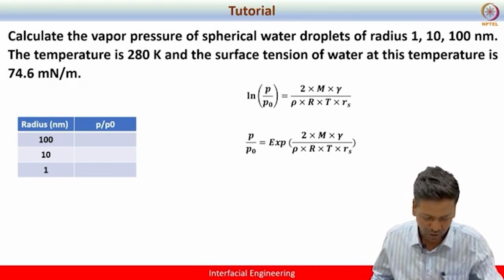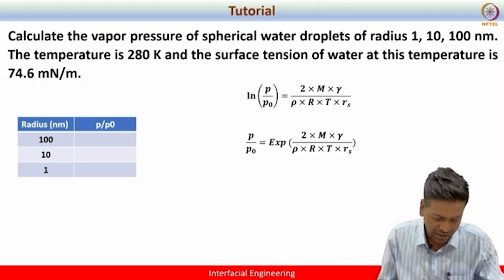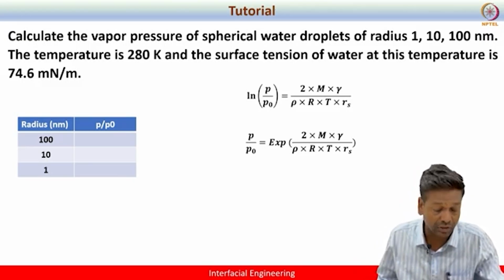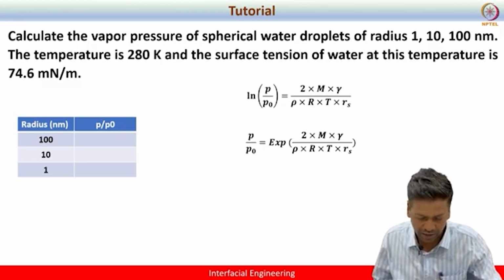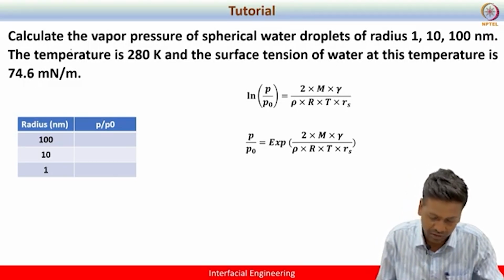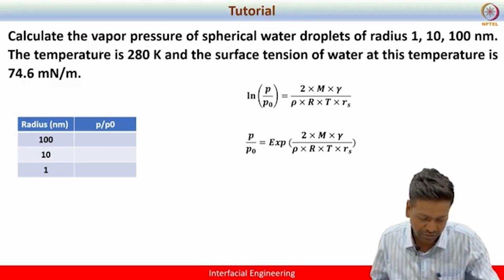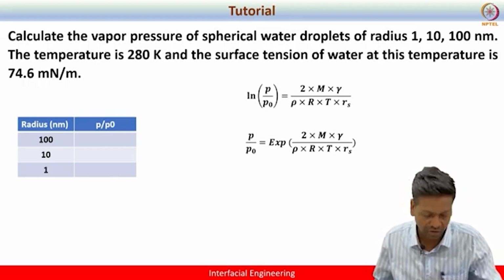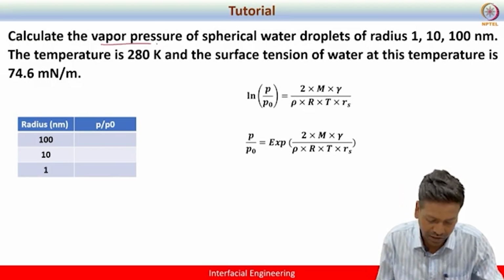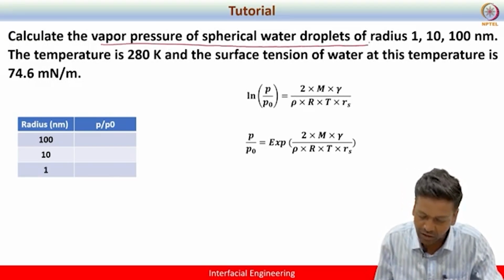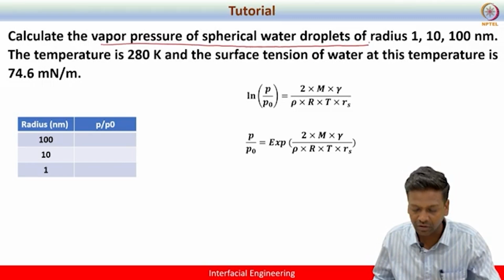Exercise number 1 is based on the Kelvin equation. Here we are going to calculate the vapor pressure of spherical water droplets of radius 1, 10 and 100 nanometer.